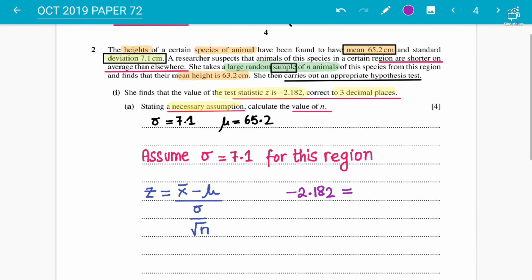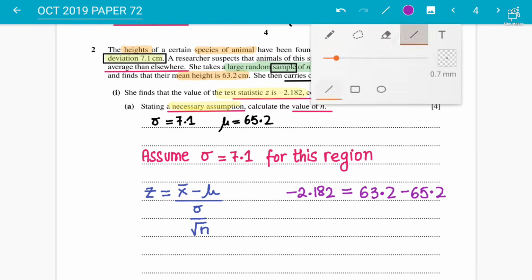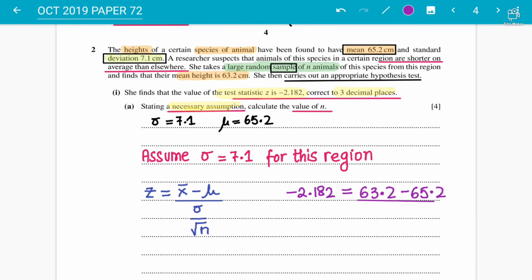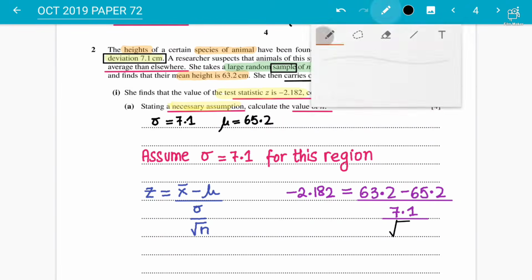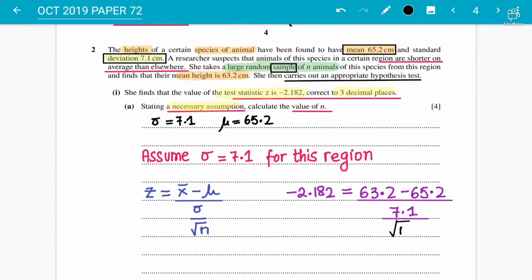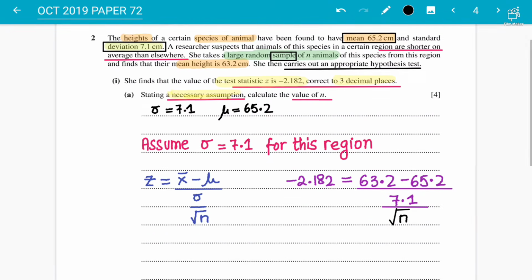This is x bar, the testing value is 63.2, the mean is 65.2. So 63.2 minus 65.2, divided by standard deviation 7.1 divided by square root of n, where n is the number of observations, the random sample of the animals that we are taking.